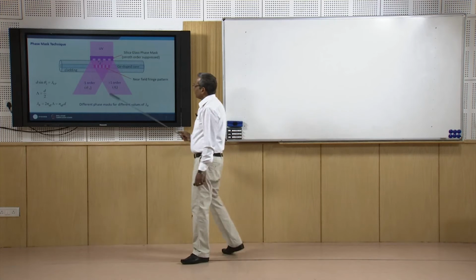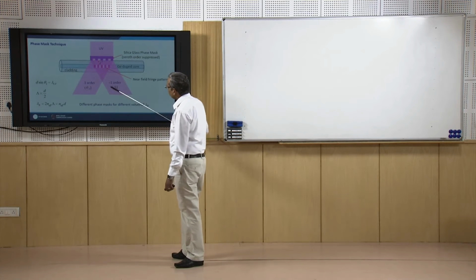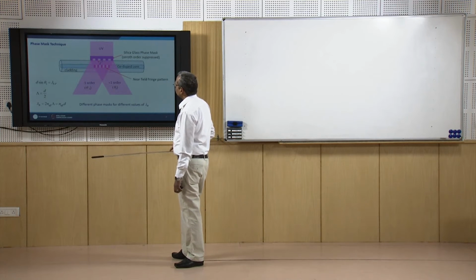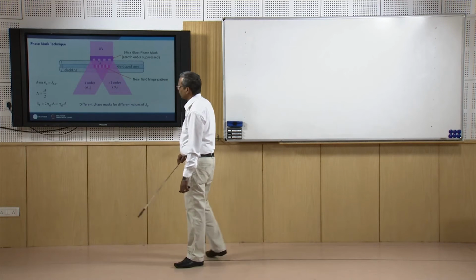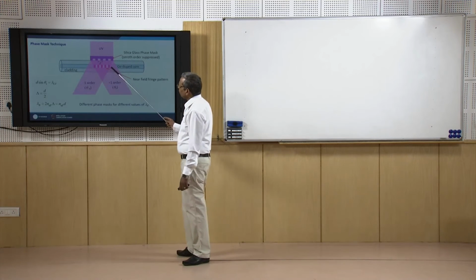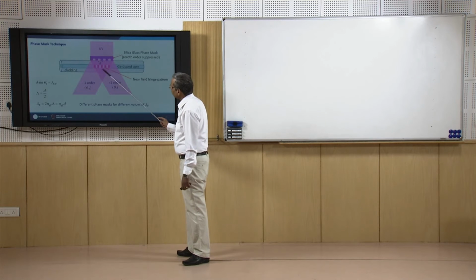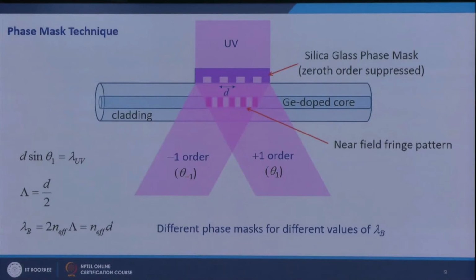So, what do I have? I have plus 1 order beam coming here and minus 1 order beam coming here, and these two beams interfere in the Ge doped core and create near field fringe pattern.